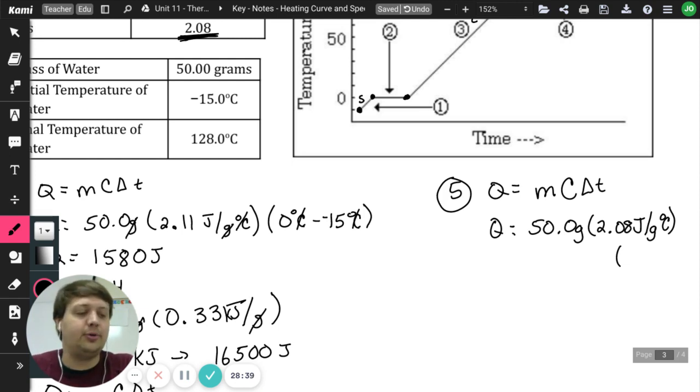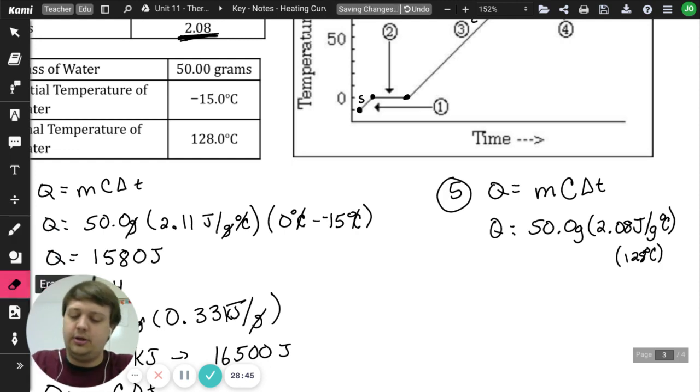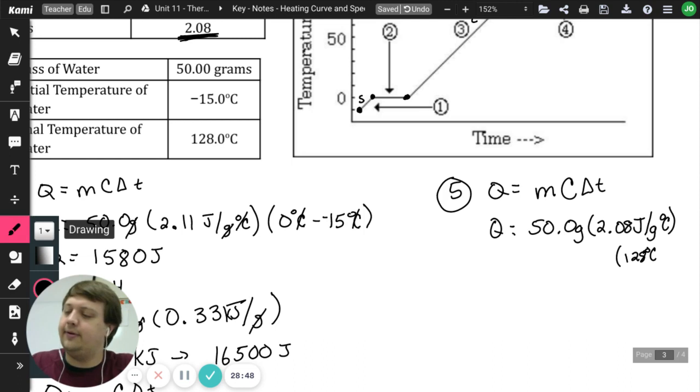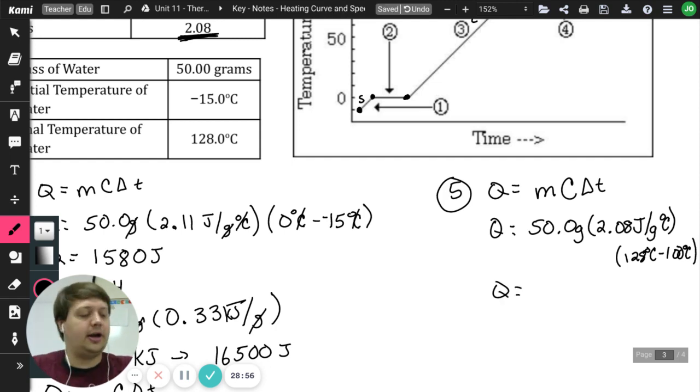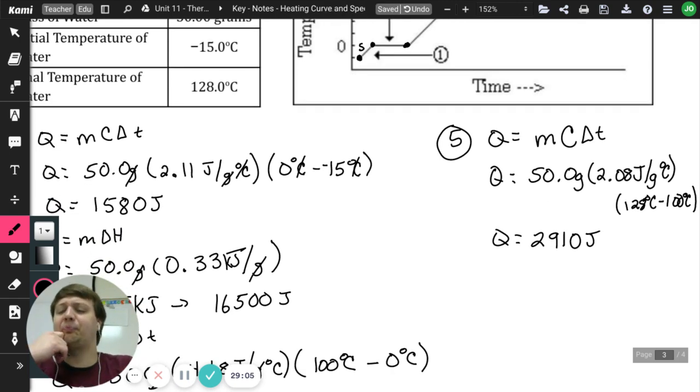So my final temperature here is 128, and my initial temperature is minus 100 degrees Celsius. So then I plug that into my calculator and I find that Q equals 2,910 joules.